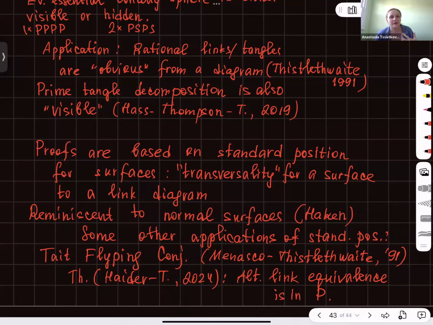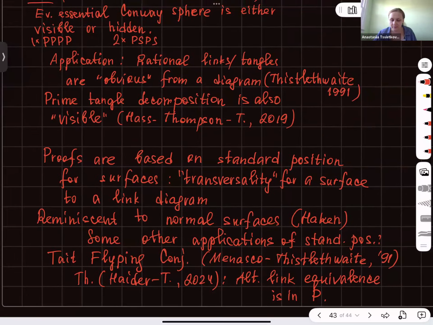It's not a direct corollary, because first you have to know that you have only a limited number of flypes, something the conjecture doesn't immediately tell you. But even if you have polynomially many flypes, still to make all sequences of those flypes would take exponential time. So it's not a direct consequence. You have to work a bit more. But in particular, those classical results can be used to prove that alternating link recognition has polynomial time.